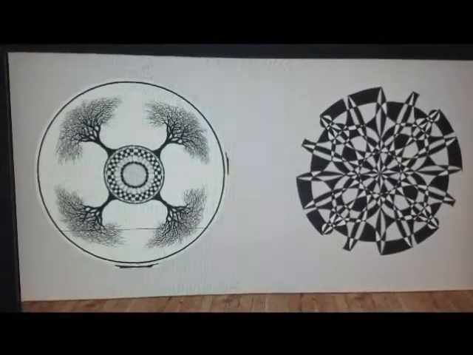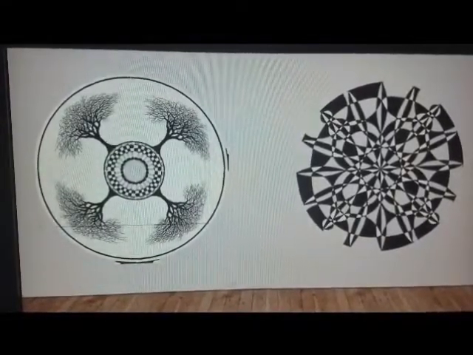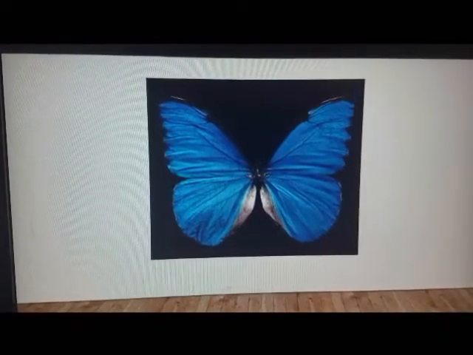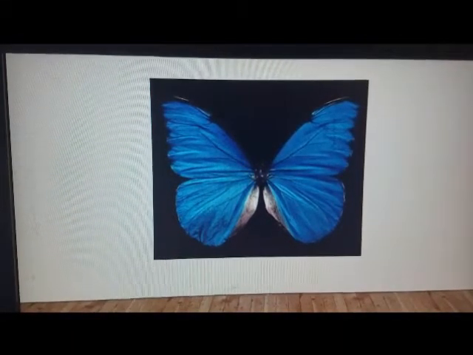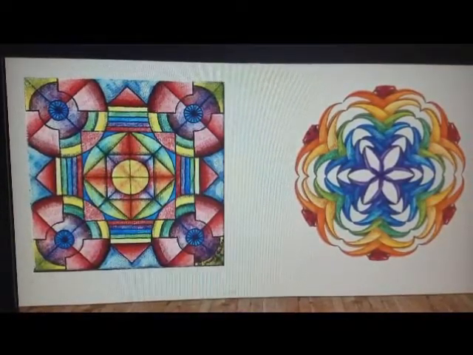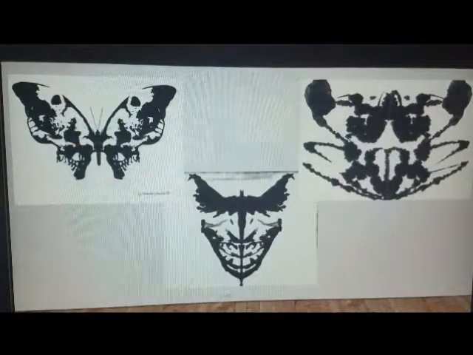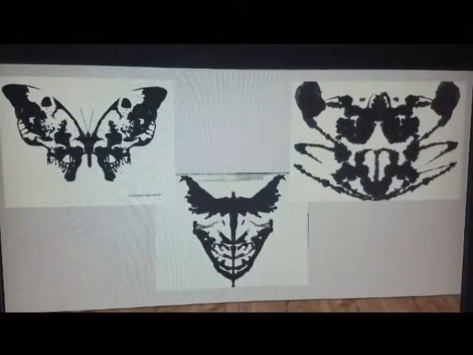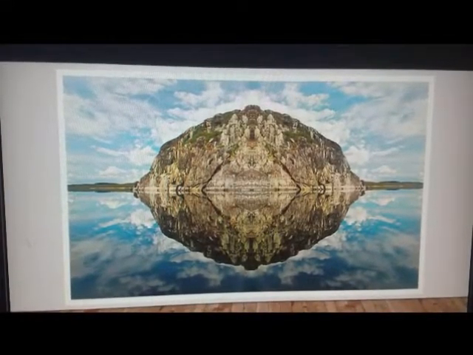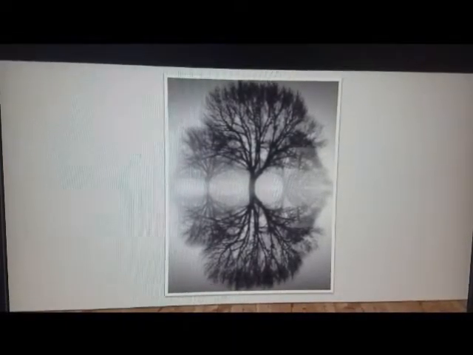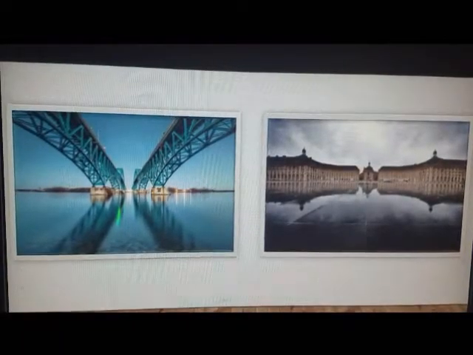You can find symmetry in art, in photography, and in architecture.